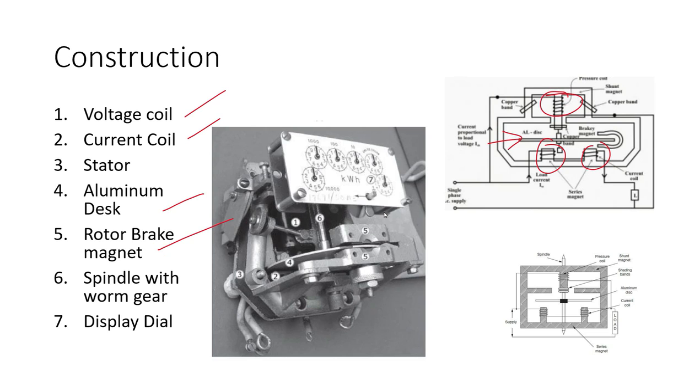The rotation brakes, these are the brakes. These are basically magnets which make this disc more attracted by these two terminals. So more attraction means less movement. Spindle with one gear. So this gear is actually a damping system and it is just like this.